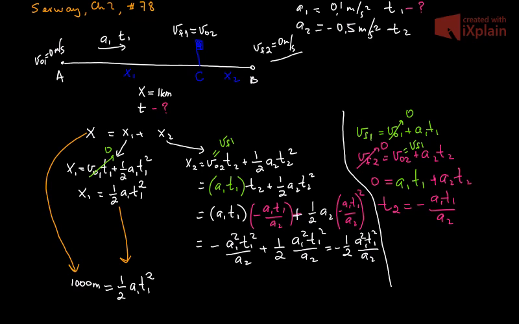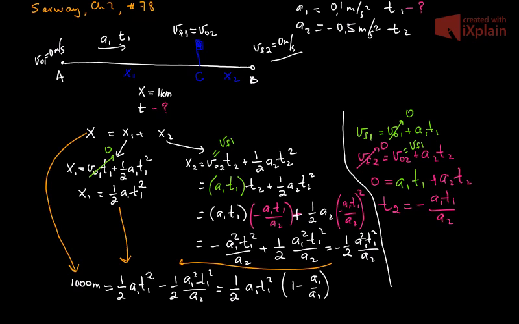And then I'm going to bring this other term over here: minus 1/2 a1 squared t1 squared over a2. If I simplify, let's take the 1/2 a1 t1 squared out. I end up getting 1 minus a1 over a2. Okay, all we need to do is plug in the numbers and solve for t1.